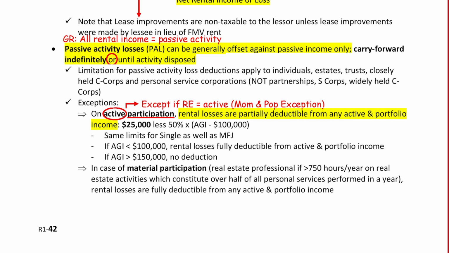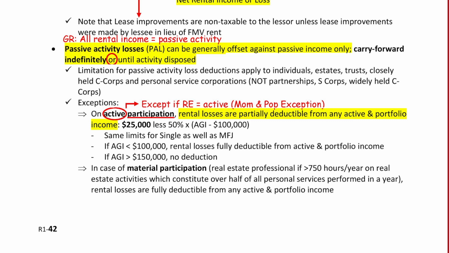And even this $25,000 is subject to phase out, which means that if the taxpayer is rich, let's say the taxpayer has AGI in excess of $150,000, in such a scenario, the taxpayer will not be allowed to deduct rental losses from any sources of income, even if there's an active participation.